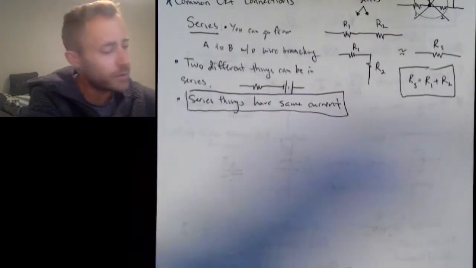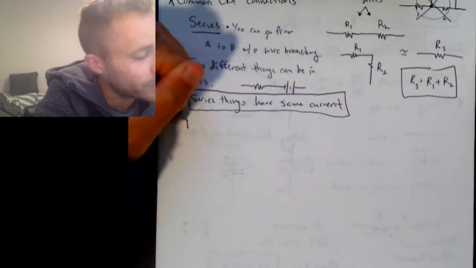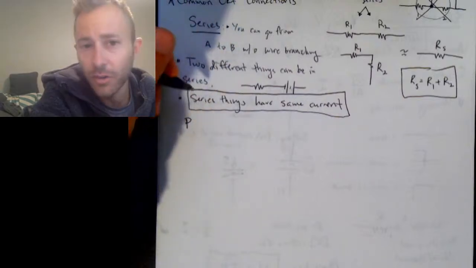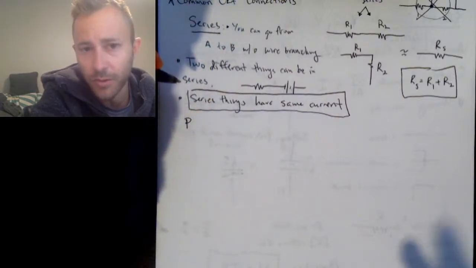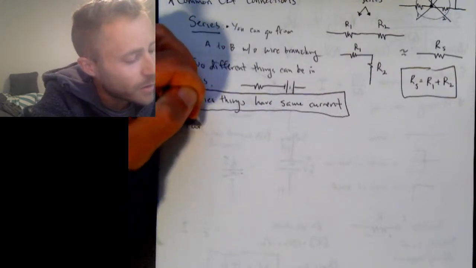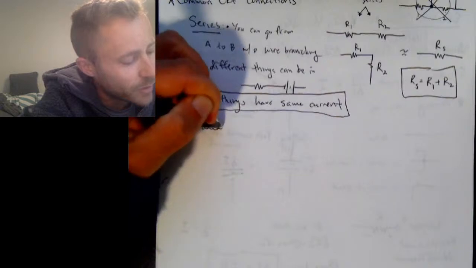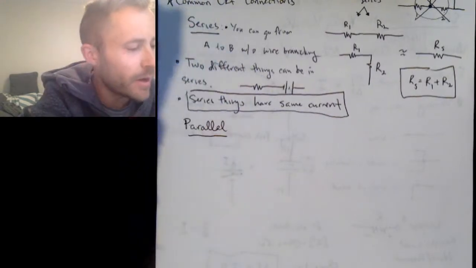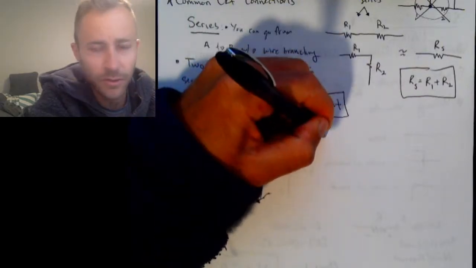So let me tell you about the second way that things can be combined in circuits. These aren't the only two ways, but these are the most common two ways that two things might be connected to each other. That's called a parallel connection. And a parallel connection looks like this.